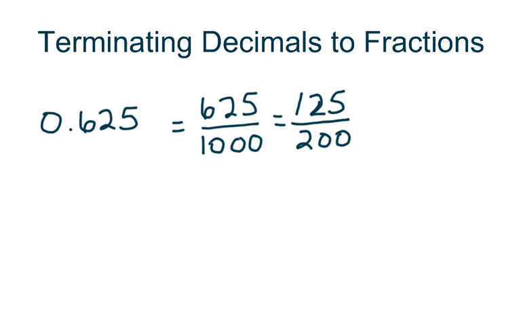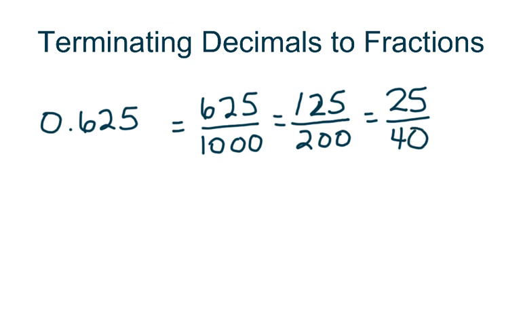So we look again, and this is a 125 and a 200. We can still divide each of these by 5. If we divide 125 by 5, that is 25. 200 divided by 5 is 40.